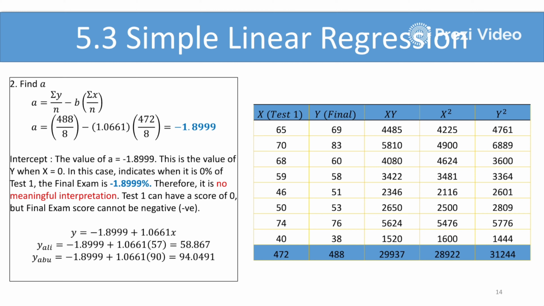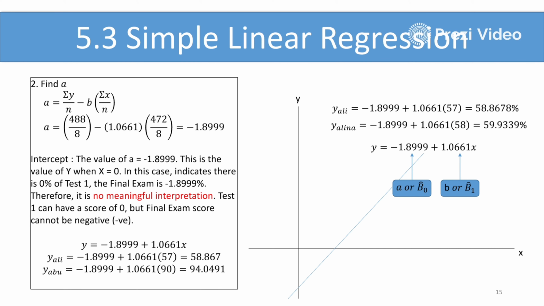Or maybe the question asks about estimate the final score of Abu if he obtained 90% in his test 1. So student just have to replace the value, plug in, and then it is estimated that the final score of Abu would be 94.05% if his test 1 is equal to 90%. Macam tu sahaja.